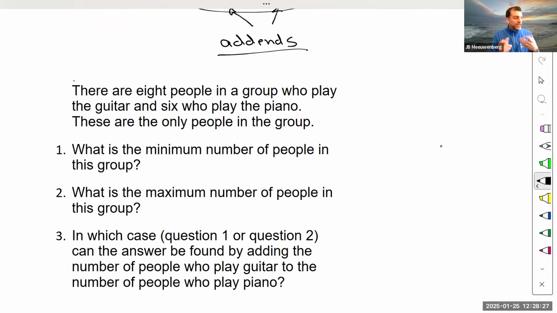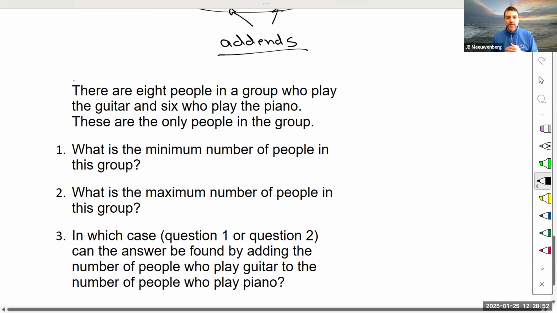Pause the video and consider these questions. 1, what is the minimum number of people in this group? 2, what is the maximum number of people in this group? And number 3, in which case, question 1 or question 2, can the answer be found by adding the number of people who play guitar to the number of people who play piano? So I want you to take a minute and think about those questions. Pause the video and then come on back.